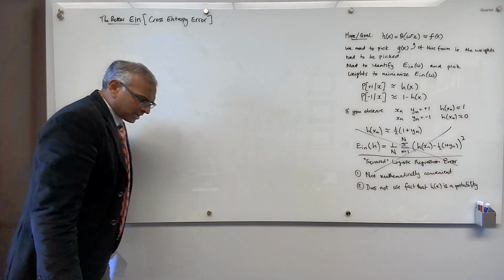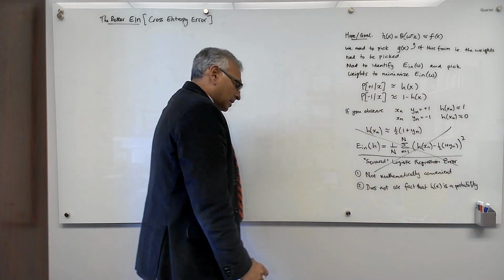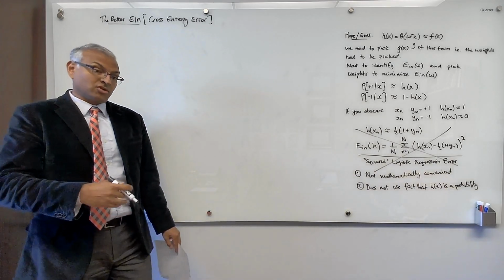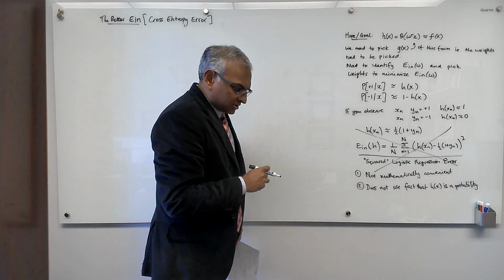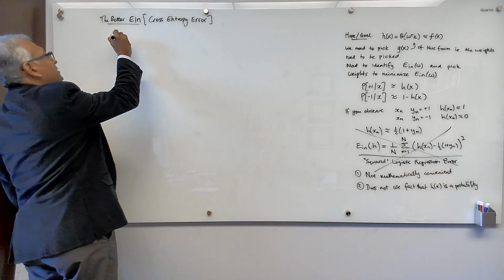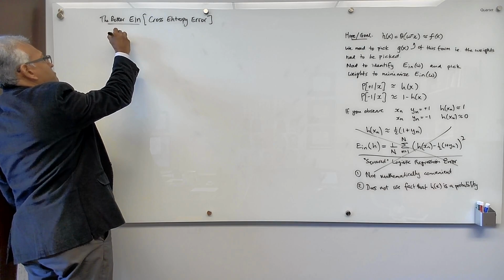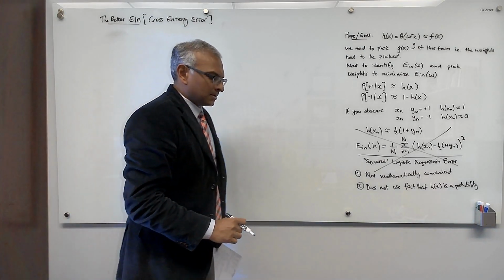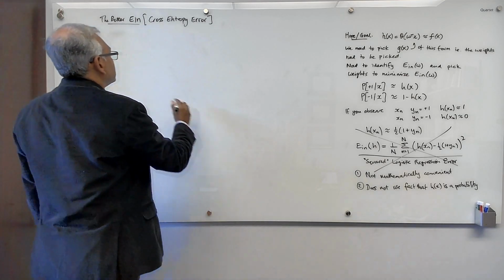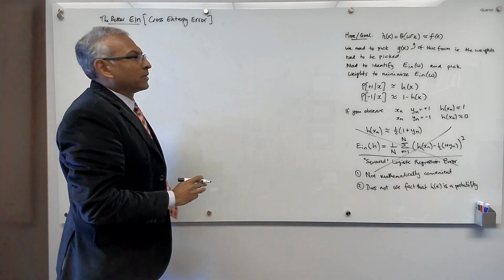And in order to derive this cross-entropy error, I'm even going to introduce you to a new concept called the likelihood. Let me tell you what the cross-entropy error is, so at least you know where we're going.